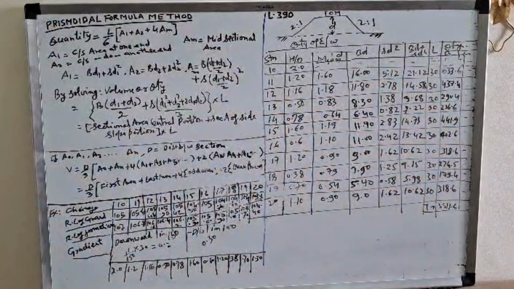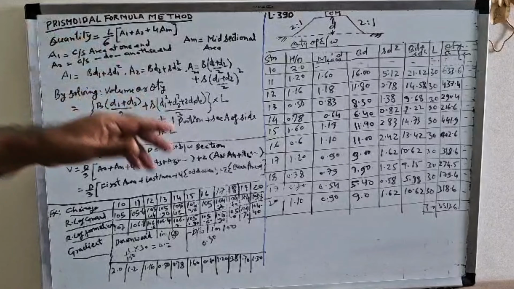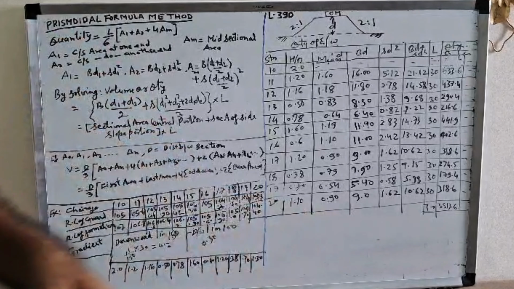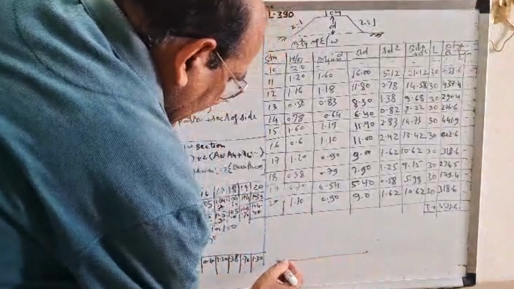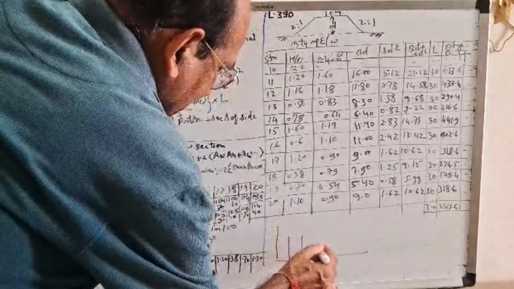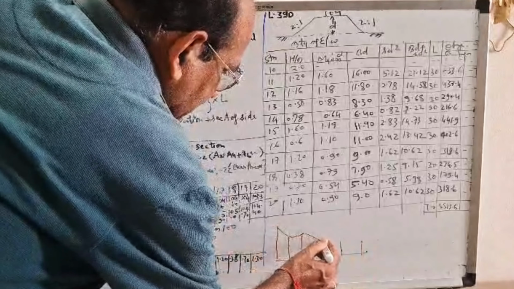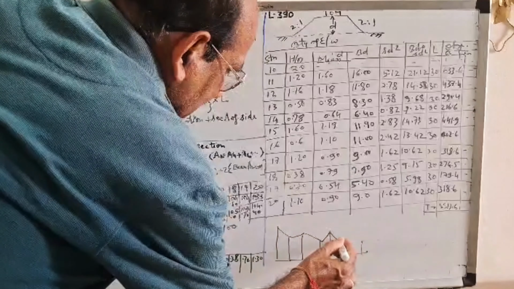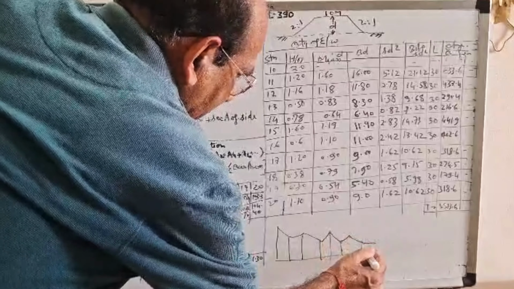So in this way, whenever you want to plot the longitudinal section, you can make a formation level 100 and put 107 something like that. In this way you can plot for different cases.